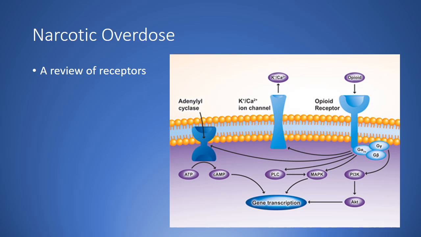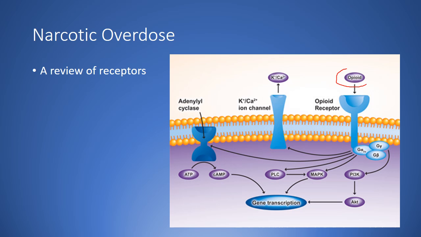So the first thing that we want to take a look at is narcotic overdoses, and remember that the way that narcotics and endorphins work in the body is that they bind a receptor.